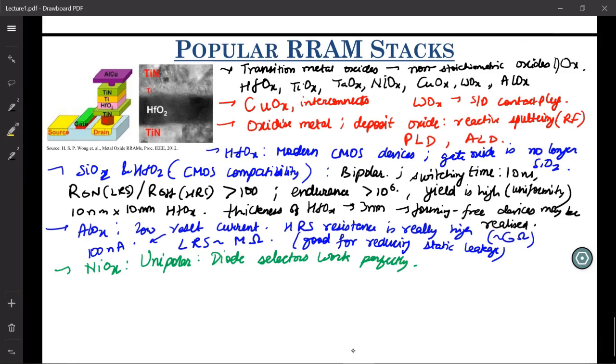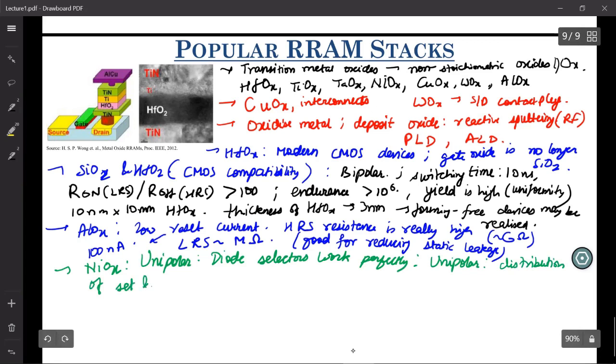However, for unipolar, there are some constraints which I already told you. One of the constraints for unipolar is the distribution of set and reset voltages, I mean the switching voltages, across the entire array.